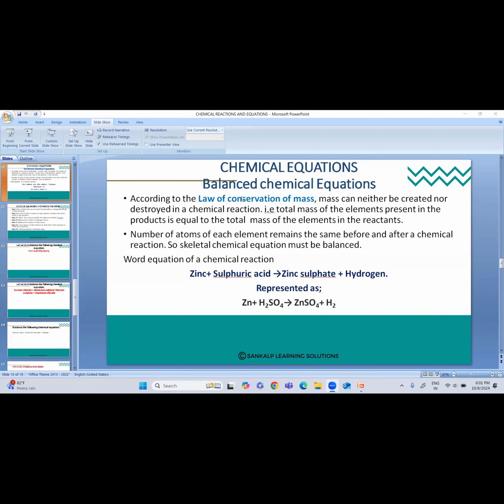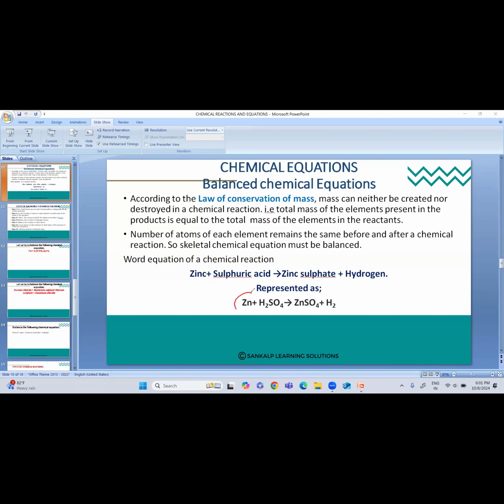So when we are writing the balanced chemical equation, we are going to follow the law of conservation, that is, the total mass. The total mass of the elements on the right hand side should be equal to the total mass of the elements on the left hand side.